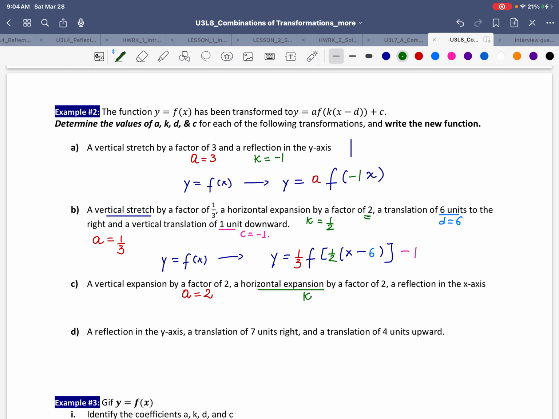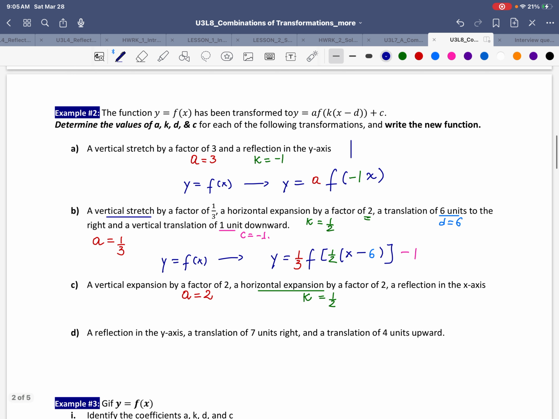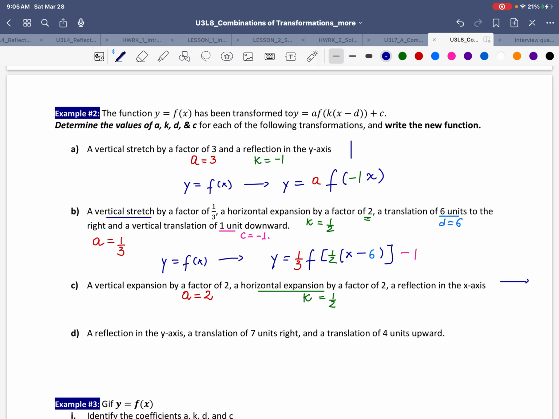That means that we have the coefficient k working here by a factor of 2, which means that k is 1/2. There is a reflection over the x-axis. Now remember that when the reflection is on the x-axis, the points have gone from one side of the x-axis to the other, which means that the y-coordinates have changed to opposite. If the y-coordinates change to opposite, it means that a is -2.